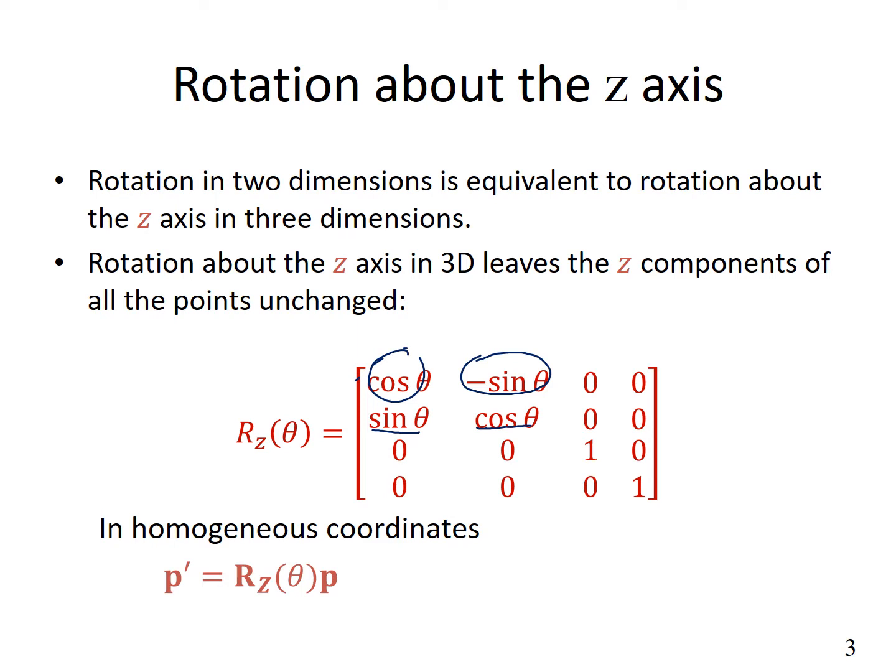And because this is a rotation about the z-axis, the z coordinate is not going to change at all, and hence z will get multiplied by 0, 0, 1 and will give you exactly the same value as the previous value of z, which makes sense because if you're rotating a point about the z-axis, the z value does not change. Now this rotation matrix, if we multiply it with point P, we will get P dash as our new location of the point after this rotation has been applied.